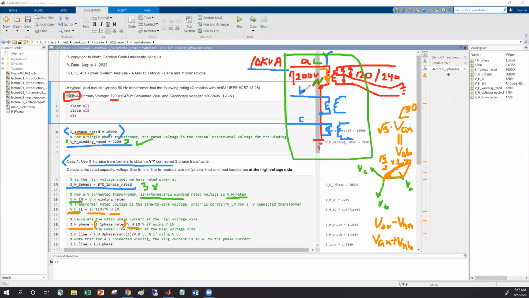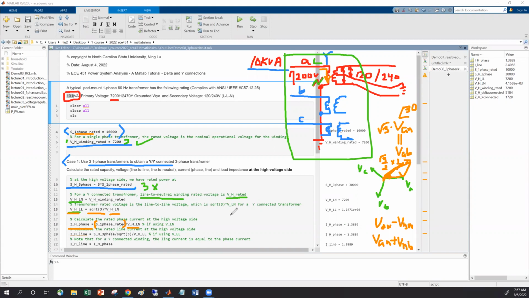Right now, we don't consider the power factor. We are assuming that the power factor is 1.0. Then we can just compute the magnitude using S divided by V. That's one way to compute this phase current, right? Because you have the winding capacity, and you have the winding voltage.